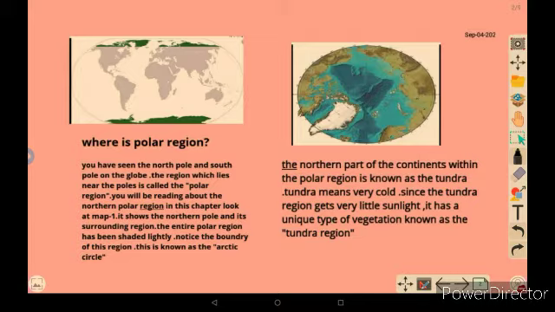So as we learned, poles get very little sunlight. The tundra region, which falls under the polar region, also gets little sunlight. But it also has a unique type of vegetation known as the tundra vegetation.